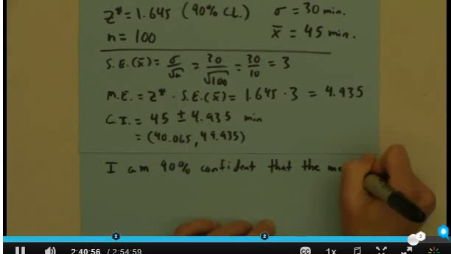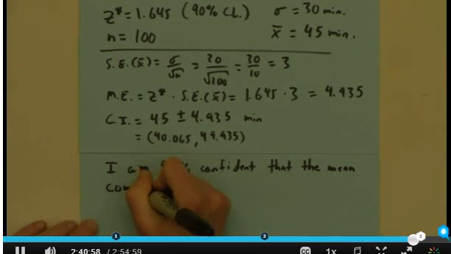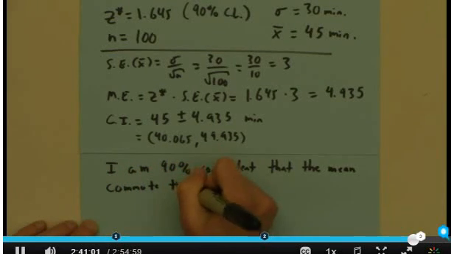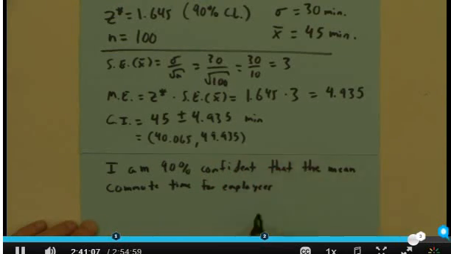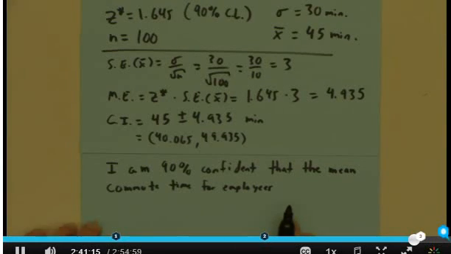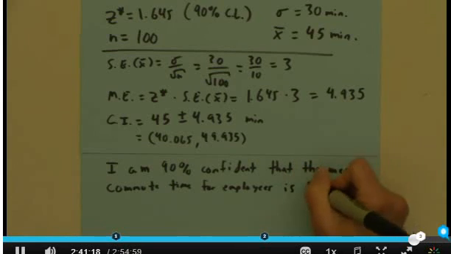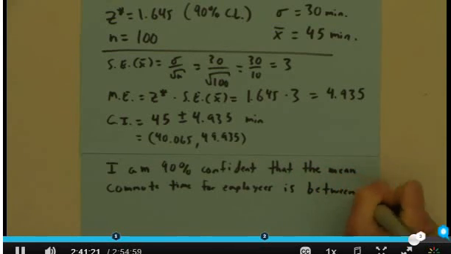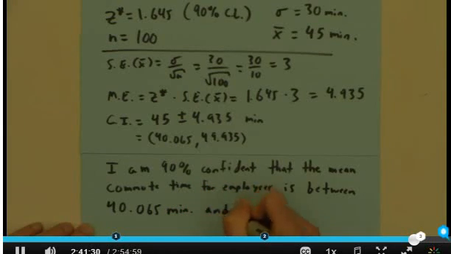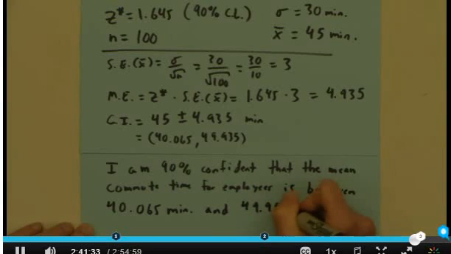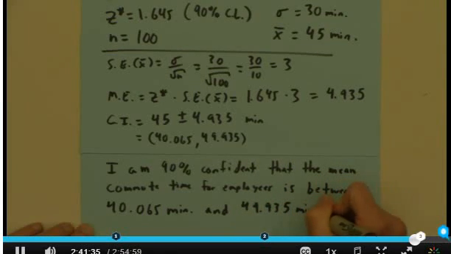Mean commute time for employees at that institution. If I know its name, I should probably state it, like Bank of America or whatever it might be. At that financial institution is between, now I write in my numbers, 40.065 minutes and 49.935 minutes.